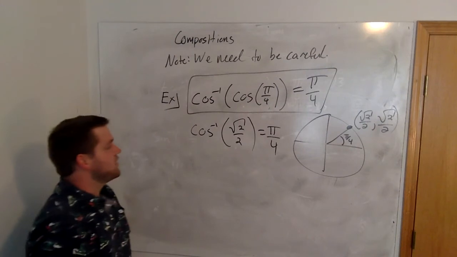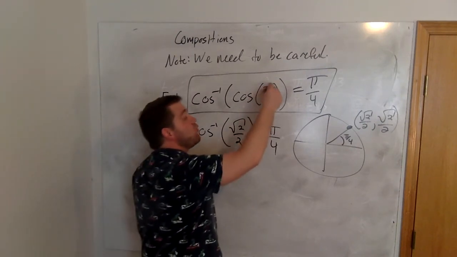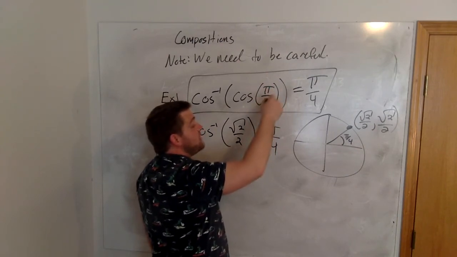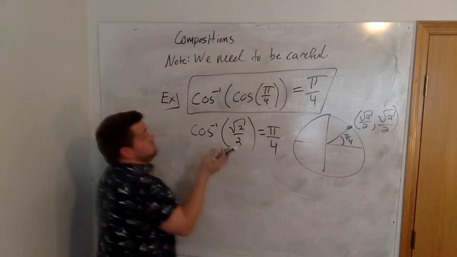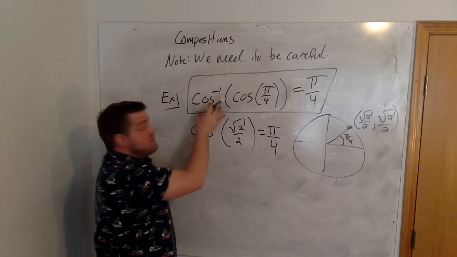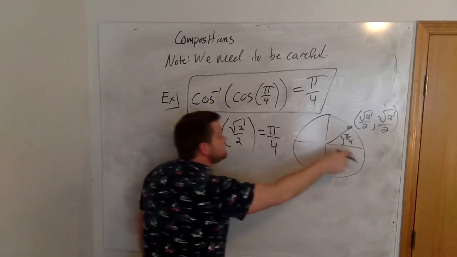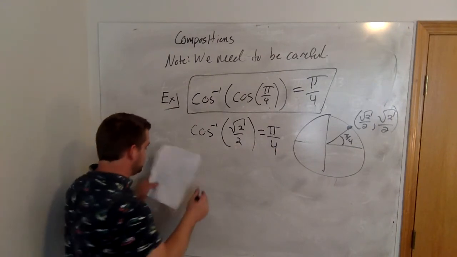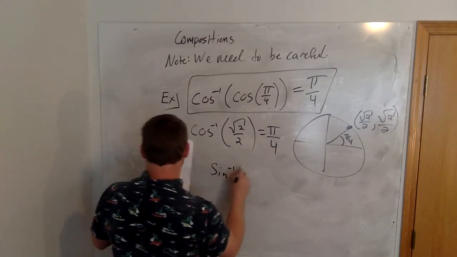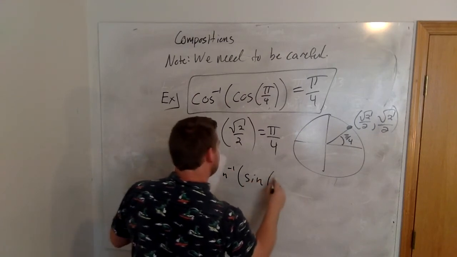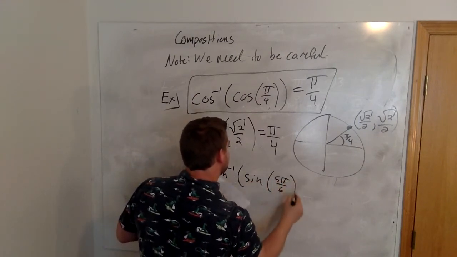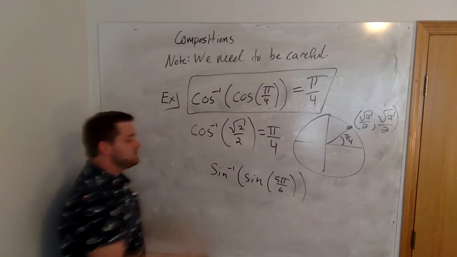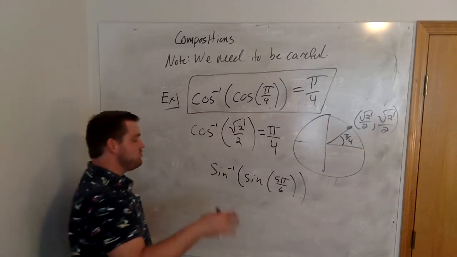So sometimes it'll spit out exactly what's in here, and sometimes you need to be a little bit careful. It really depends on what angle you have inside here. If the angle inside is the type of angle that cosine inverse spits out, since pi over 4 is between 0 and pi, it's going to spit out pi over 4. In the last example, with sine inverse of sine of 5 pi over 6, the reason it didn't spit out 5 pi over 6 is because sine inverse only spits out angles between negative pi over 2 and pi over 2.